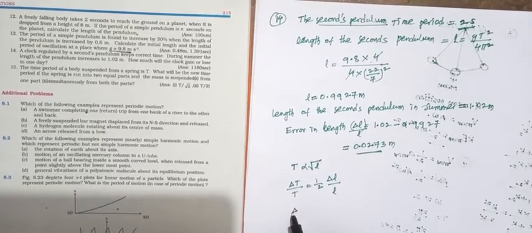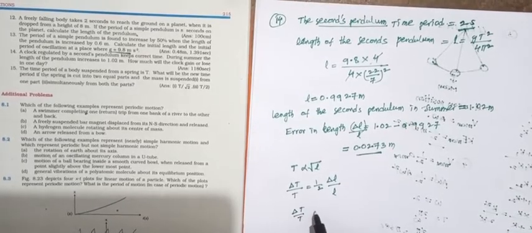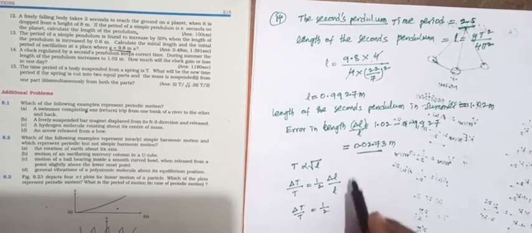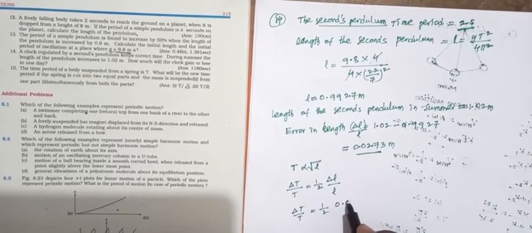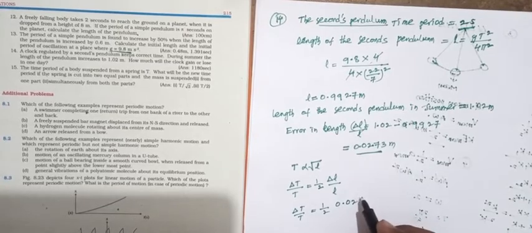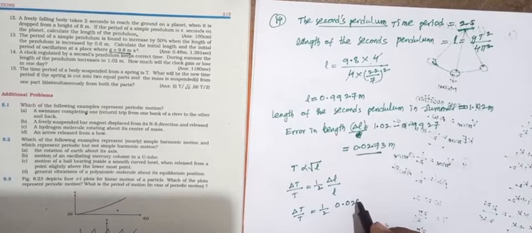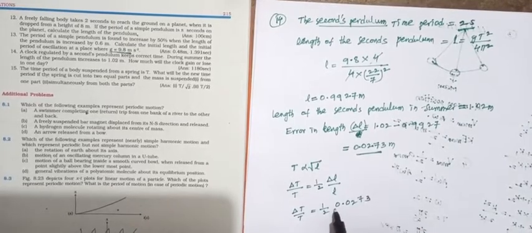So delta t by t equals 1 by 2 times delta L by L, which is 0.0273 by the initial length.